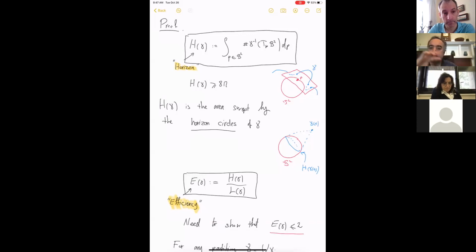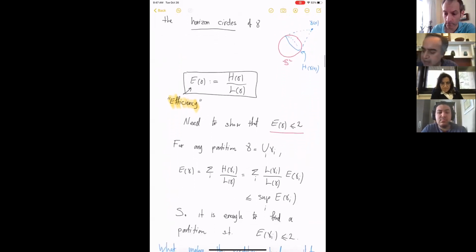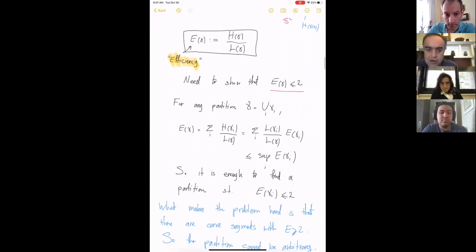So for this inspection efficiency, I have some curve segment, and I look at the area swept by all these inspection circles. I divide that by length. I have to show that this is bounded above by 2. Now note that for any partition of my curve into smaller segments, gamma i, the inspection efficiency is the sum over i of the horizon of each segment, because the horizon is additive.